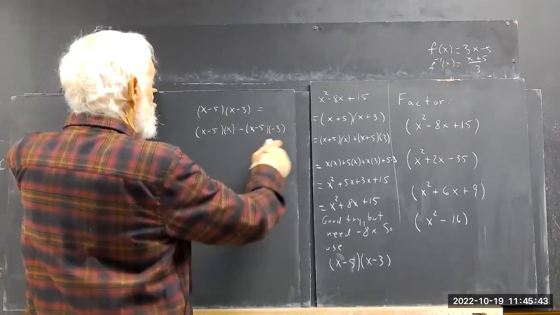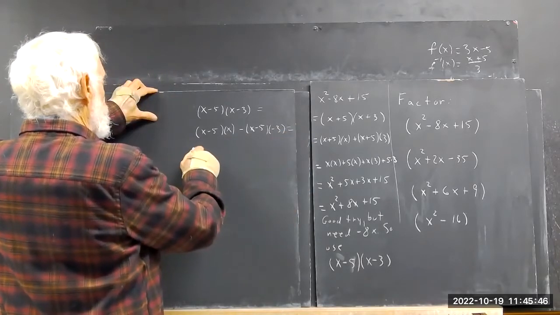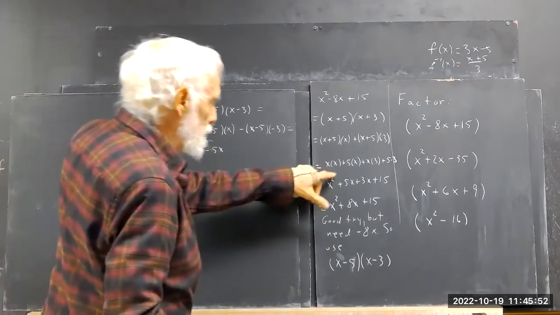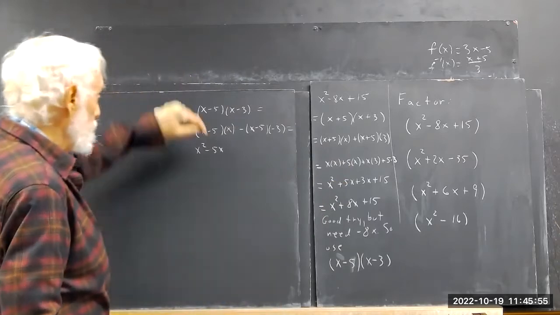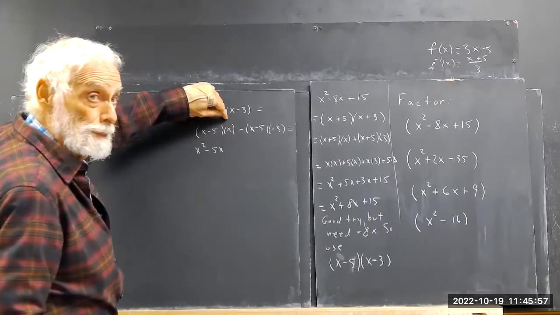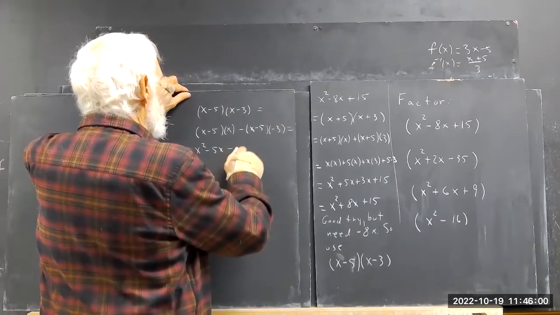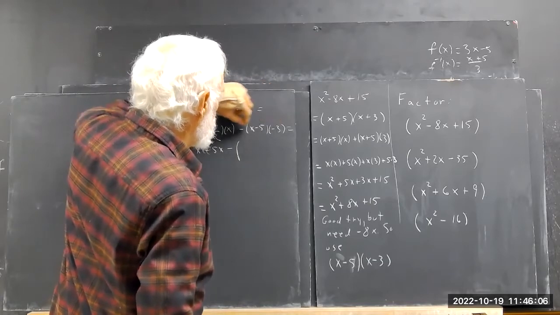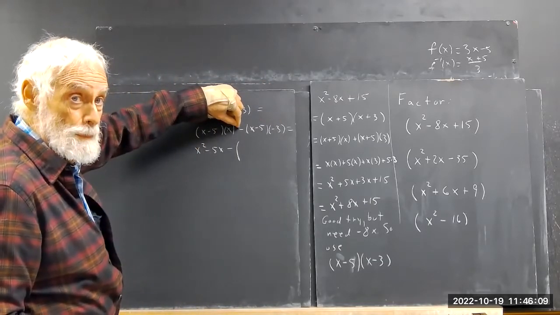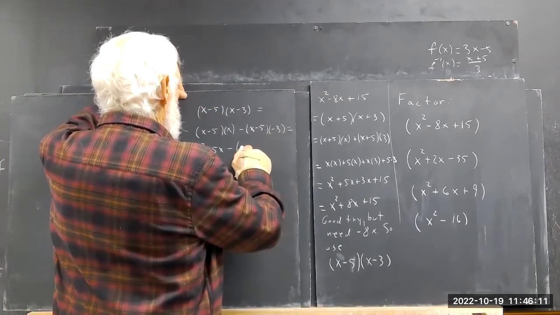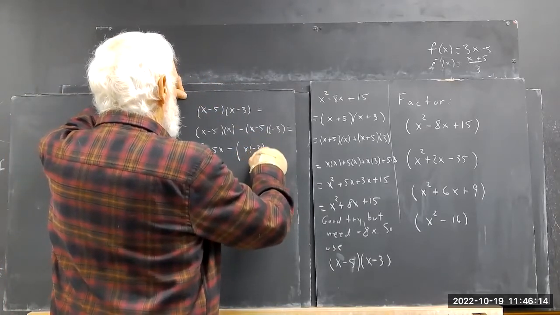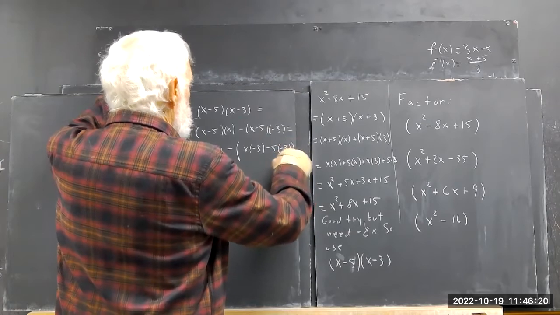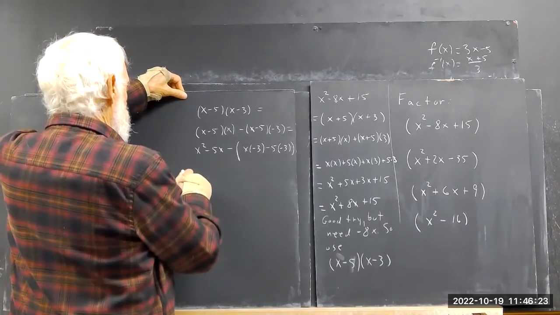So if you do this, that equals, well, this is x squared minus 5x, and we understand that. I'm not writing out each step of the distributive law, but it's x times x minus 5 times x. Then we've got minus, and you've got to put parentheses around this. We're going to multiply x minus 5 by minus 3, and then we're going to apply the negative sign. Well, x minus 5 times negative 3 is x times negative 3 minus 5 times negative 3. We've got to keep our wits about us here.